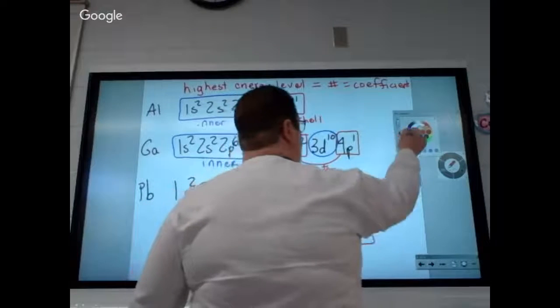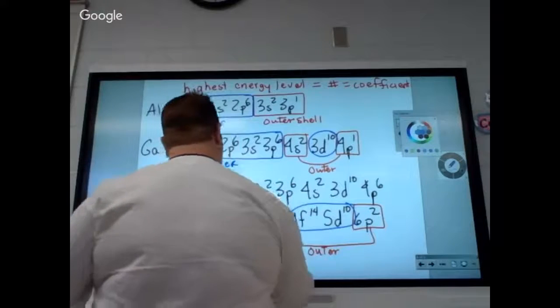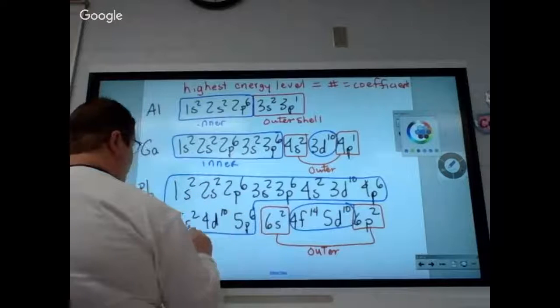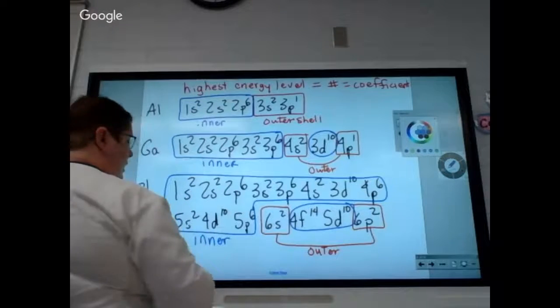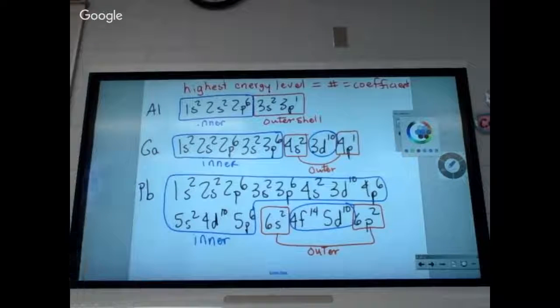And then all of this in here is inner shell. So rings 1 to 5 are inner shell. That's why I couldn't say just rings something to something was the inner shell in the definition. Does that make sense? Okay, any questions about how to find inner and outer?